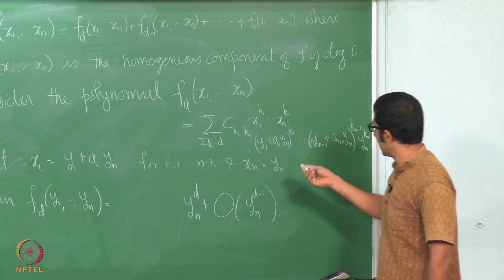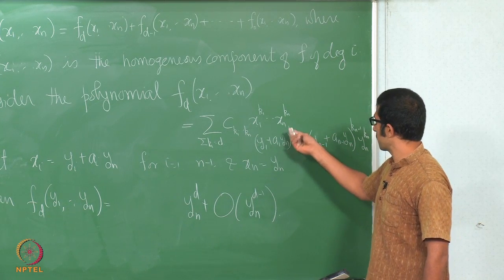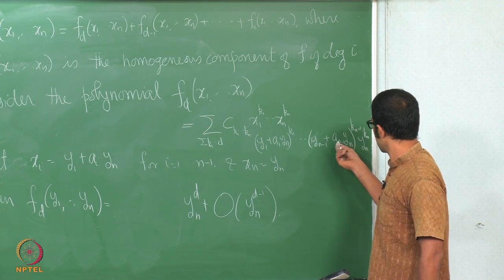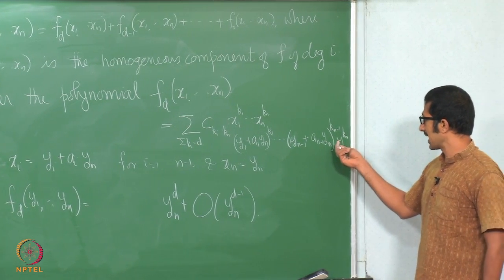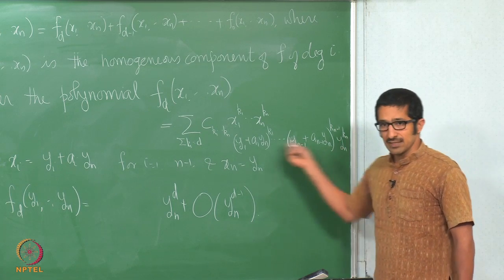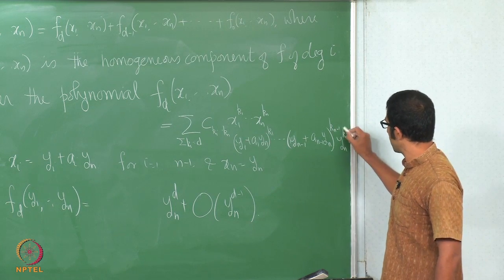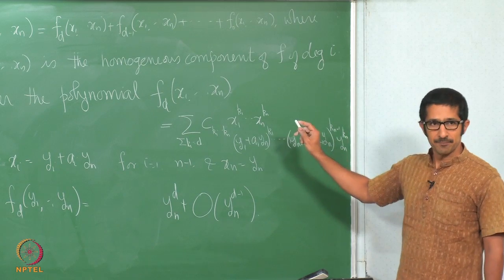In each term I will have a1 power k1 up to a n minus 1 power k n minus 1, times 1, multiplied by yn power d.